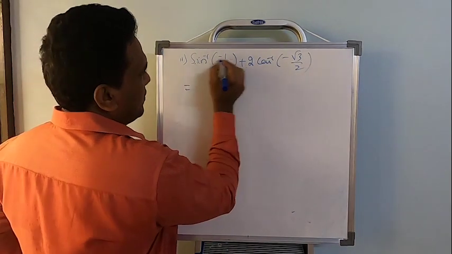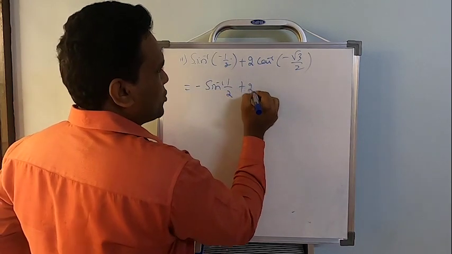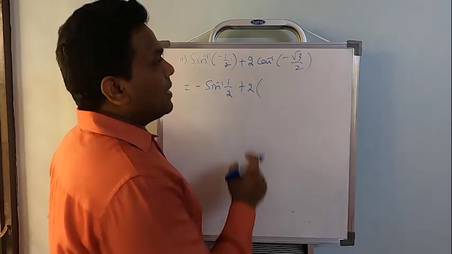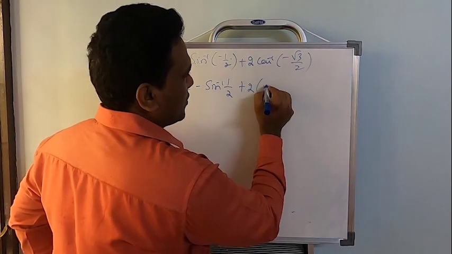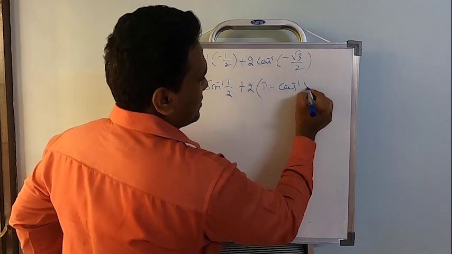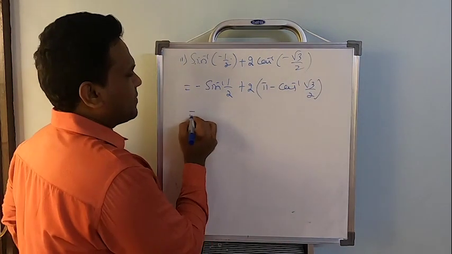Let's consider sin inverse of minus x is minus sin inverse x, plus 2 multiplied by a bracket. The reason for the bracket is we have cos inverse minus x, and cos inverse of minus x is pi minus cos inverse x. Now we just need to replace the values.